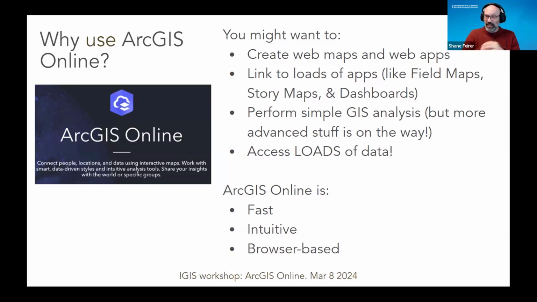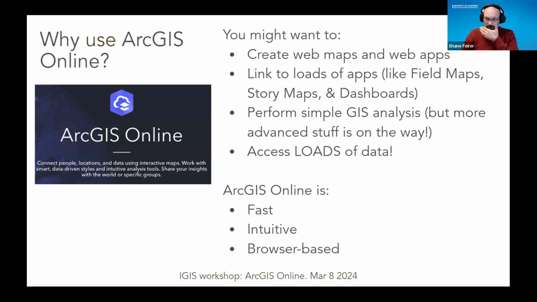Up until ArcGIS Online, a lot of places in the US, even around the world, were data poor, because it was really hard to find data. You had to digitize it, create it yourself, and then you had that data siloed on your computer or within your organization. ArcGIS Online has made that data available to everyone. It's a really powerful system.